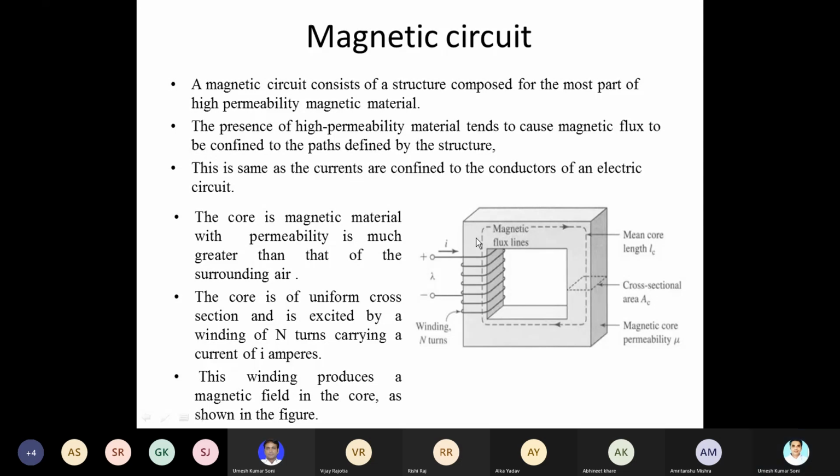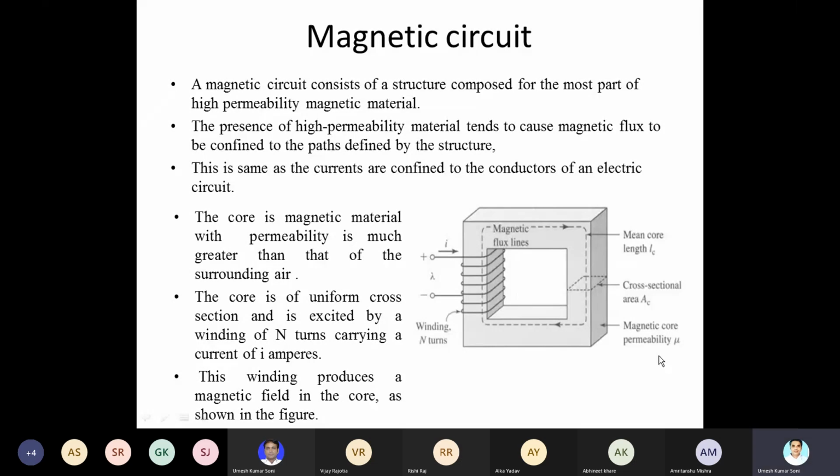Actually the flux lines are distributed along the whole cross sectional area, but we take the average of both lengths, inner and outer, so this is the mean core length Lc. Because this is only one type of material, the permeability is taken as mu.